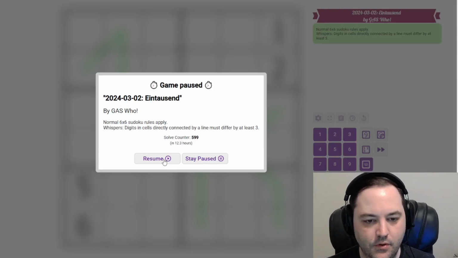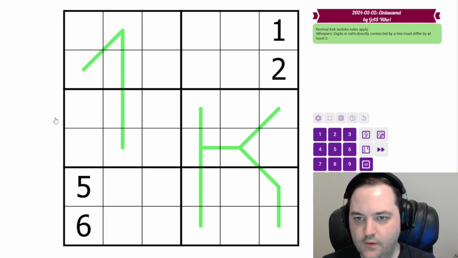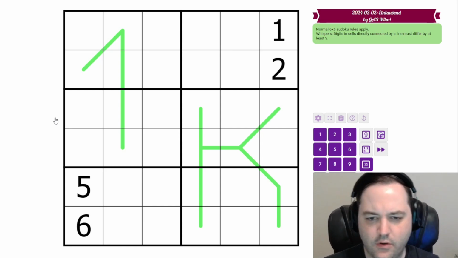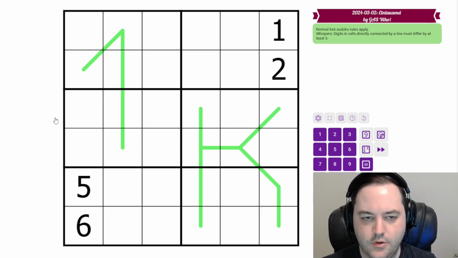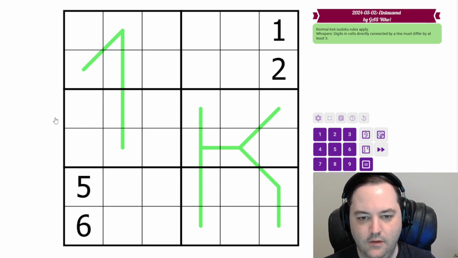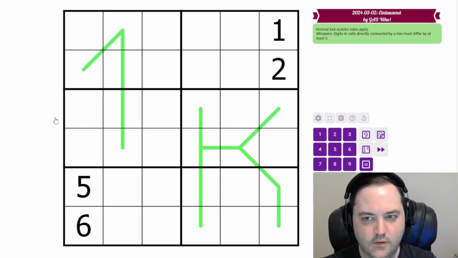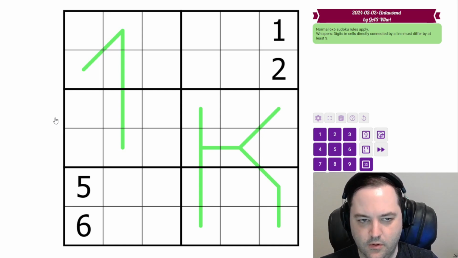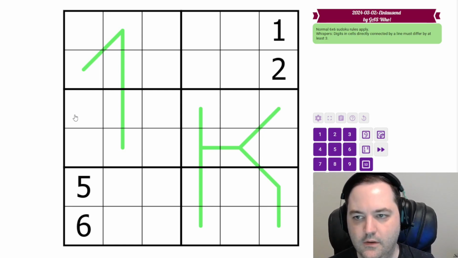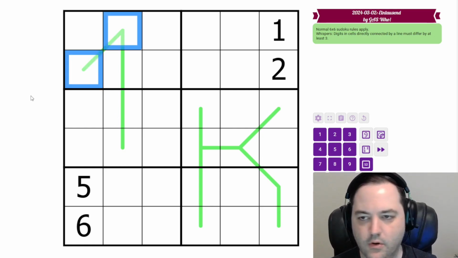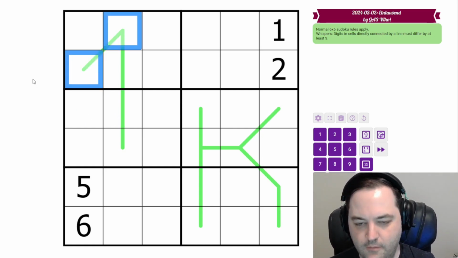Yeah, so this one is a Whispers. They're colored green. Sometimes this is called German Whispers in 6x6, even though the rule is different in 6x6. But the rule in 6x6 typically, if you see a green line, is that digits in cells connected by the green line must differ by at least 3.